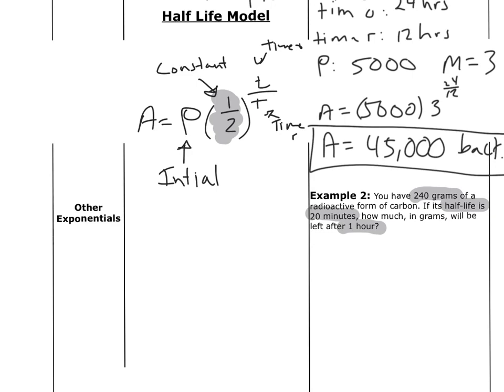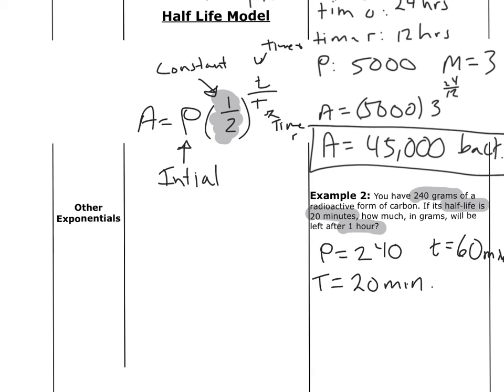So looking at that right here, let's start with the P. P is equal to 240. Then your big T and little t. Little t is going to be your 1 hour. Now we should communicate that in the proper units because big T is 20 minutes. So how many minutes are in an hour? 60.